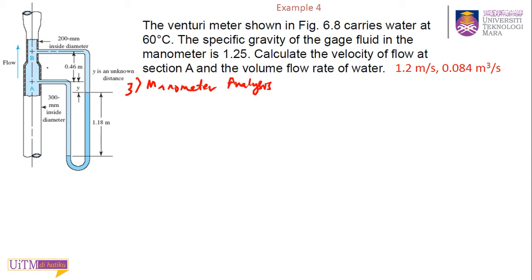At point A to point B, so PA plus, you go down, this is Y. So rho of water g y here, and you go down again, rho water g times 1.18.